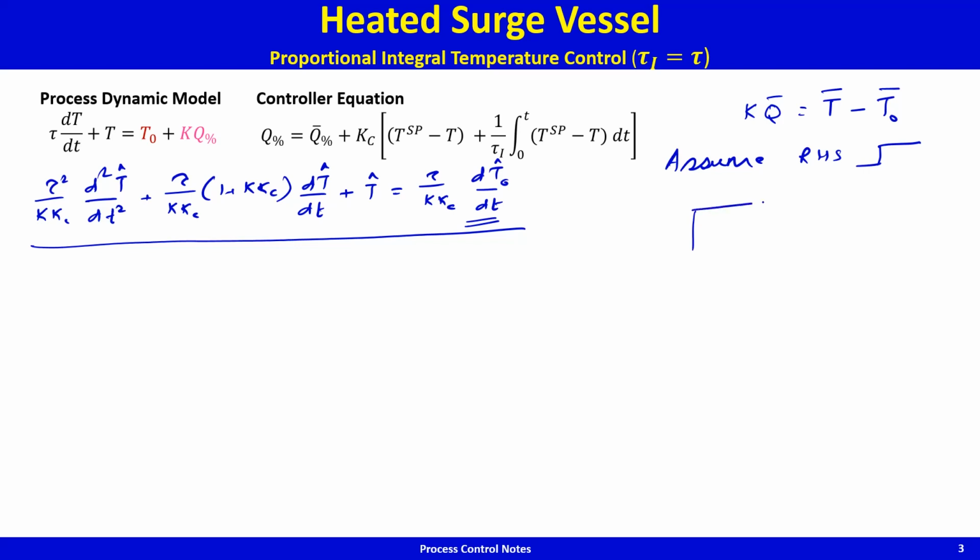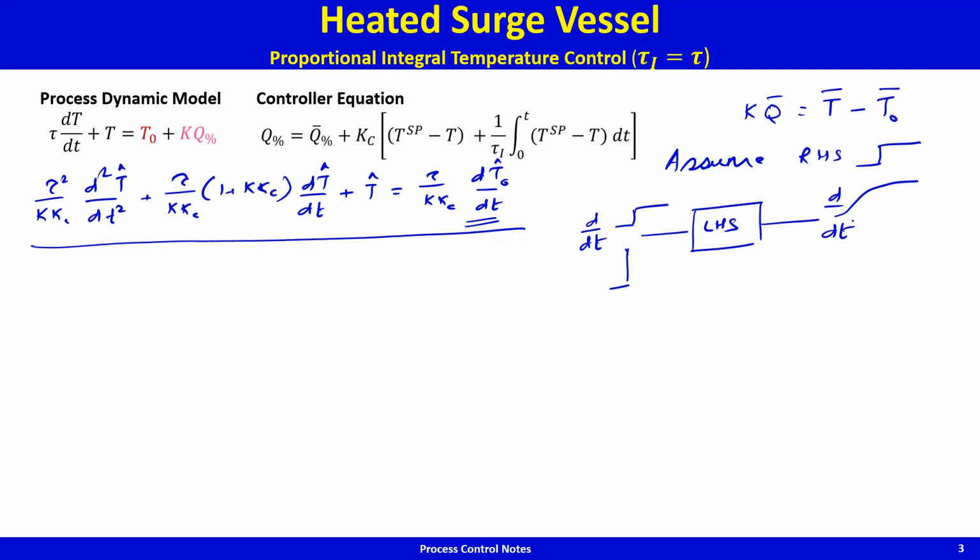So if the input is step and the governing equation is the left hand side of the ordinary differential equation, and let us say you get some kind of a response, let's say the response is something like this, then if you take the derivative of the input, if you take d by dt of this, then the output is going to be d by dt of the output.